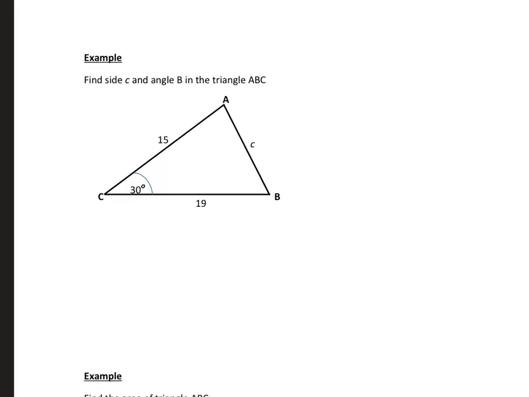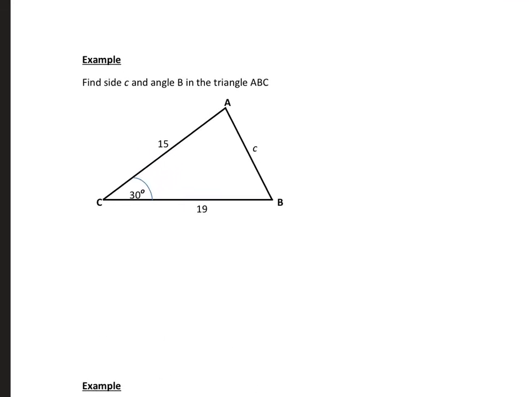Okay, the next one. We want to find side C and angle B in this triangle ABCD. So let's start off by highlighting what we have. I have this side, and this angle. And first of all, I want side C. So I've got 3 sides and 1 angle, so I'm going to use the cosine rule.